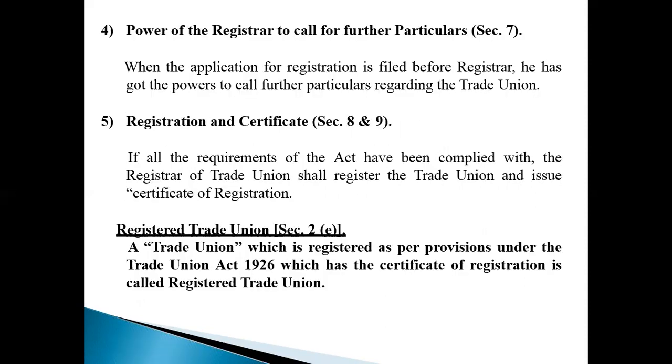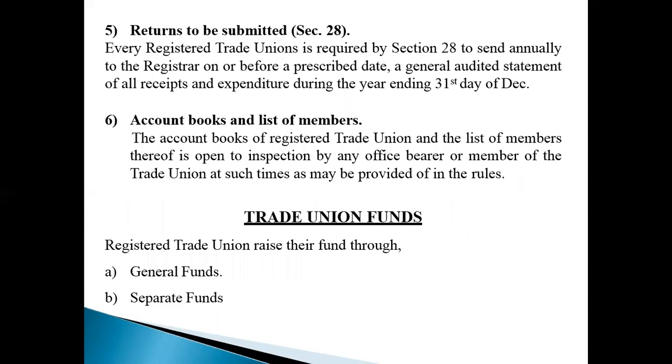Then power of the registrar to call for further particulars, and returns to be submitted under section 28. Every registered trade union is required by section 28 to send annually to the registrar, on or before a prescribed date, a general audit statement of all receipts and expenditures during the year ending 31st day of December.